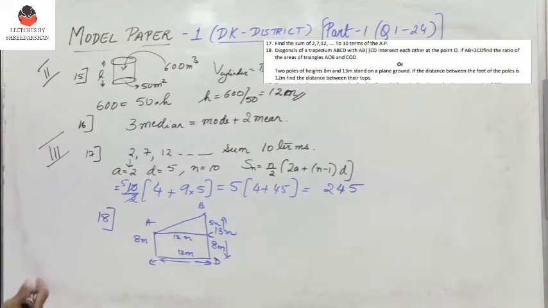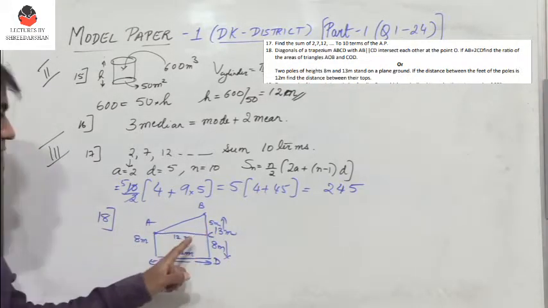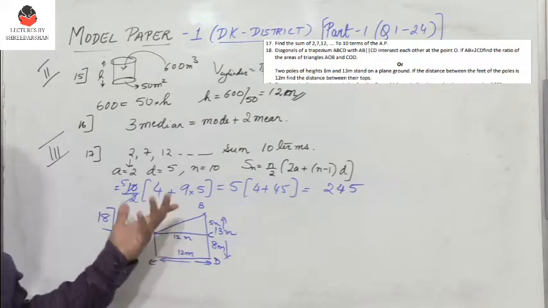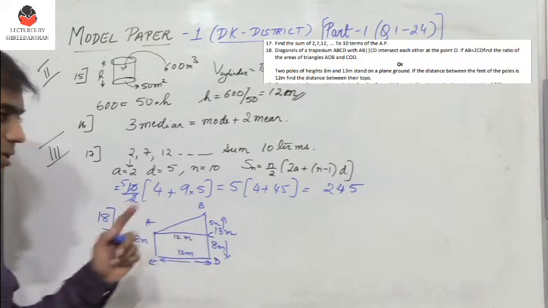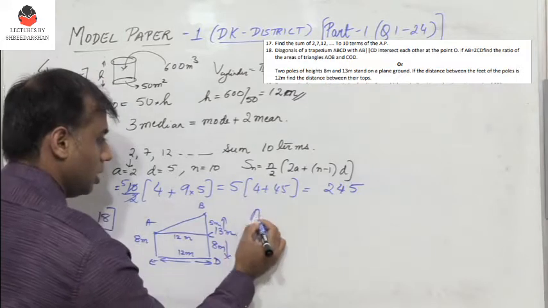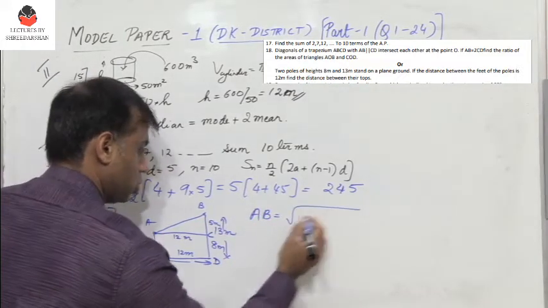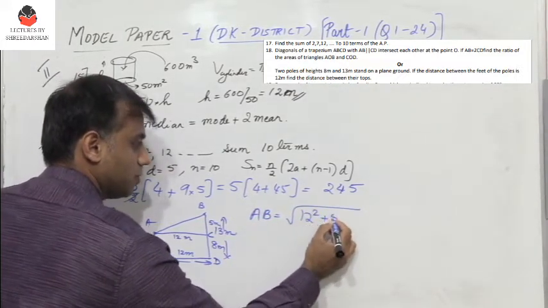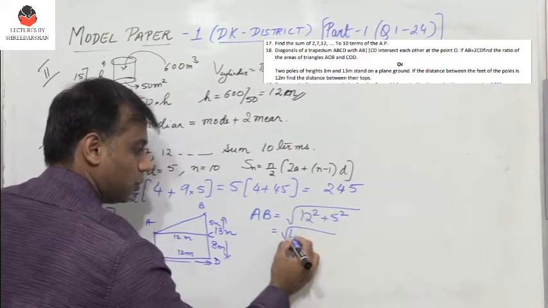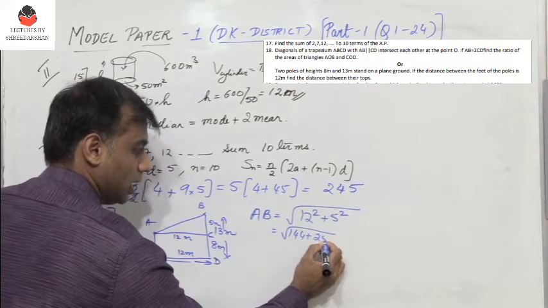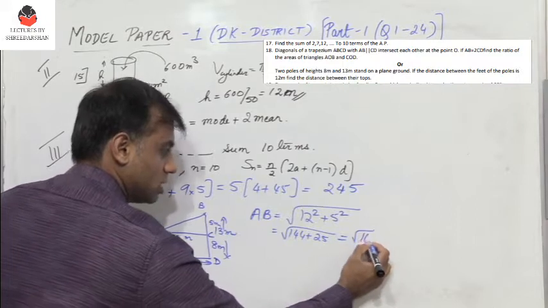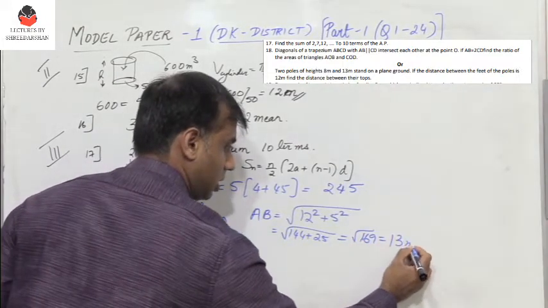And what is AB? We know that 5, 12, 13 are Pythagorean triplets, so this is a right angle triangle, isn't it? Therefore, AB is root of 12 square plus 5 square, which is 144 plus 25. So I get root 169, equals 13 meters.